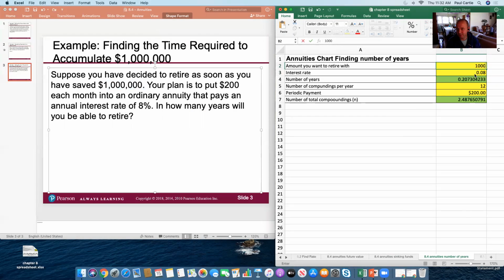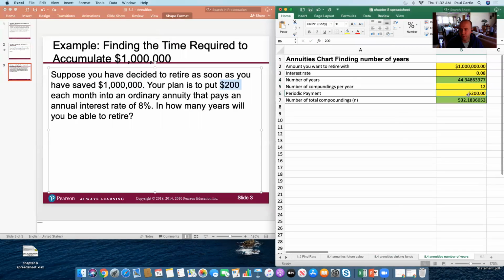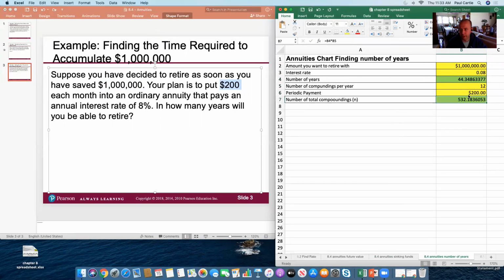In this case, it is $1 million, so that's a 1 with 6 zeros. 8%, so that next box is 0.08. I'll just type it in even though it already says 8%. Compoundings per year: it does say in the problem each month, so we're going to leave that 12 as a 12. And we're putting $200 in each month, so we're going to leave that $200 as a $200.